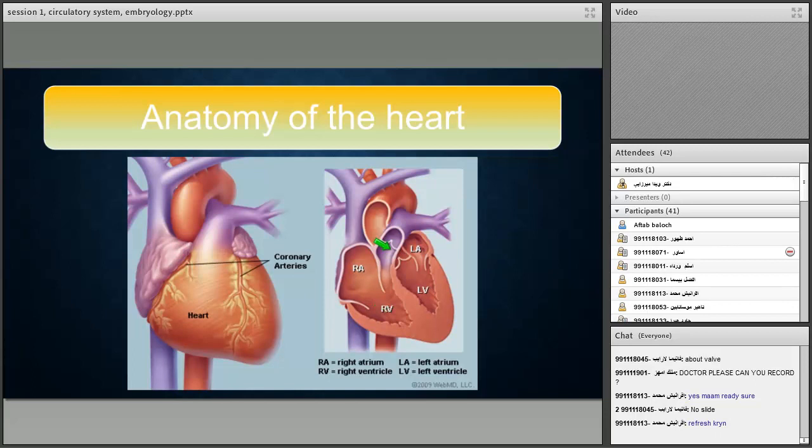We have the pulmonary trunk. After the pulmonary trunk, the blood enters the lungs, and after exchanging the gases, it returns into the left atrium and then into the left ventricle, and after the left ventricle we have the aorta, which sends the blood to all parts of the body.